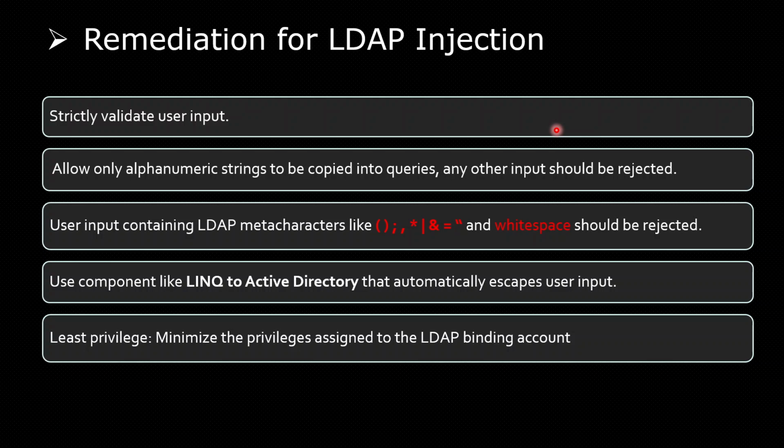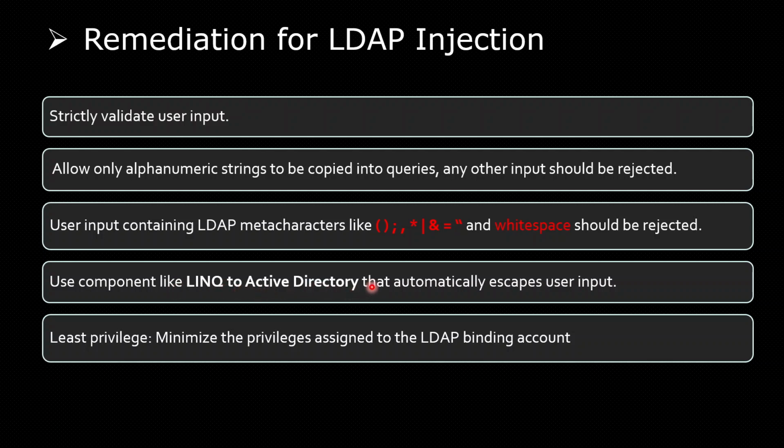So that is the secondary mechanism. For the primary mechanism, you can use a component like LINQ to Active Directory. This is a component, just like jQuery or Bootstrap. It's a piece of software which we can implement for Active Directory.